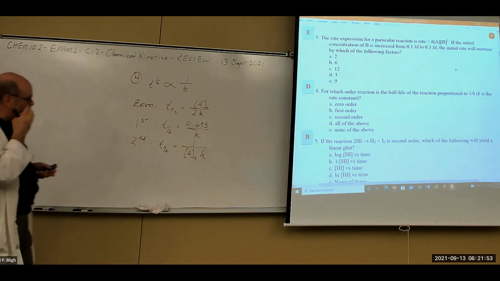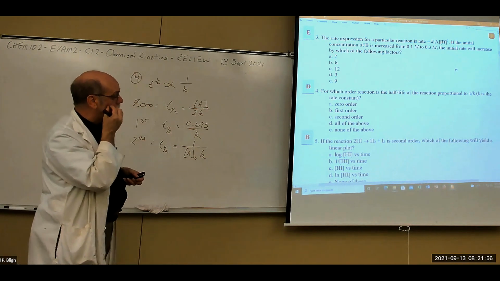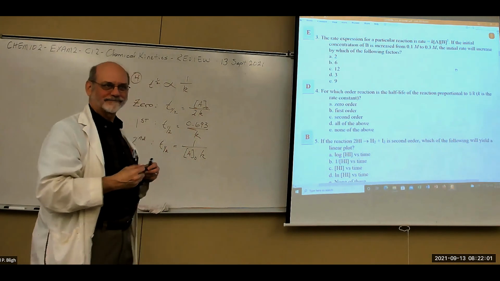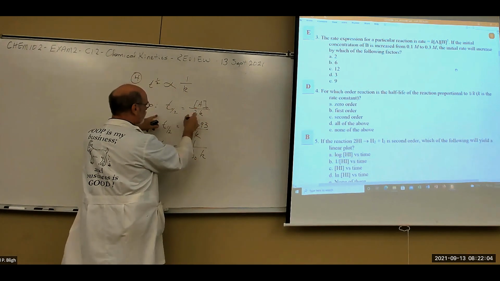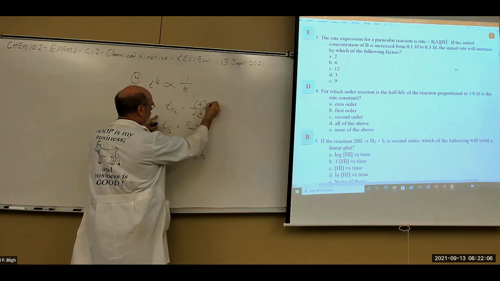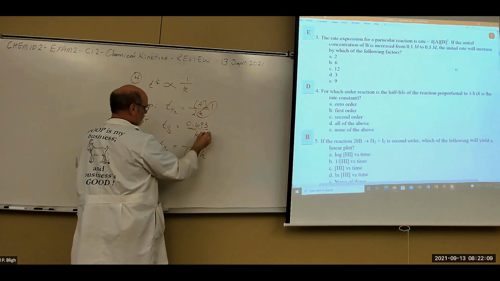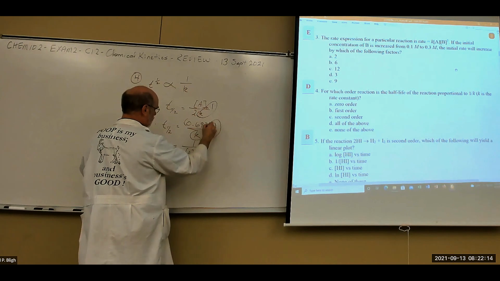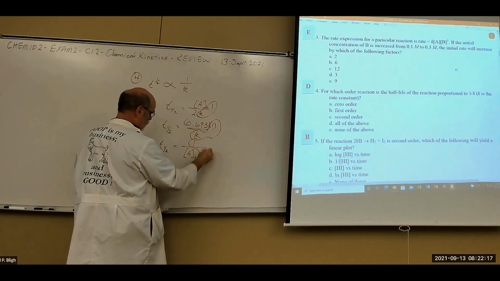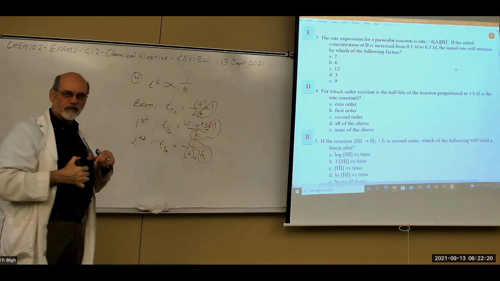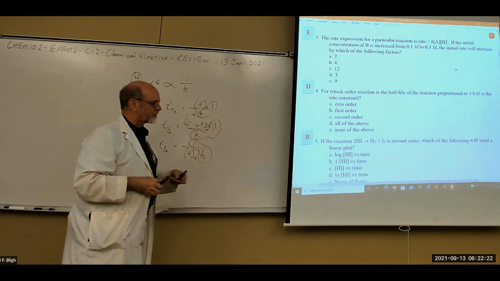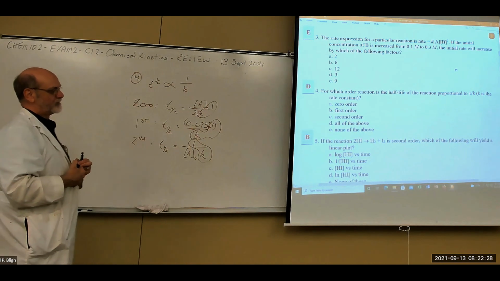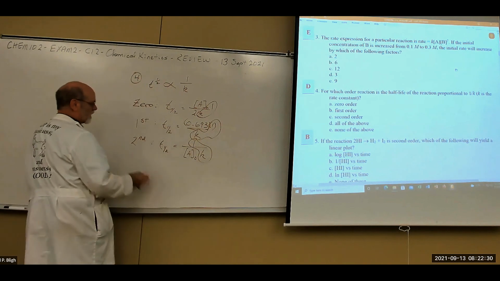Okay, so which one is proportional to 1 over K? All of them. It's like 1 there, and like 1 there, and like 1 there. They're all proportional to the inverse of K. There's no big mystery or explanation there.